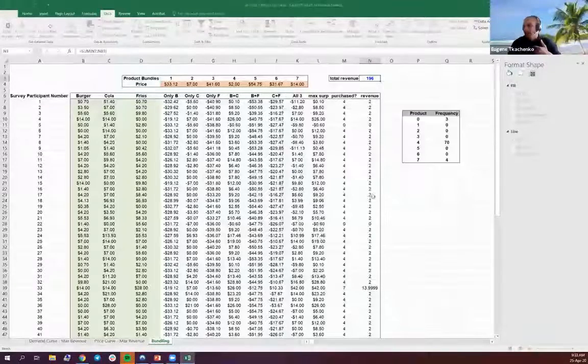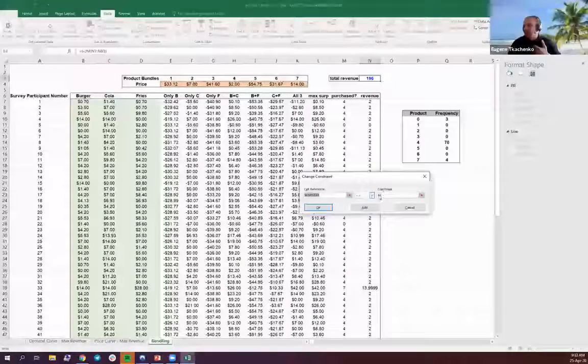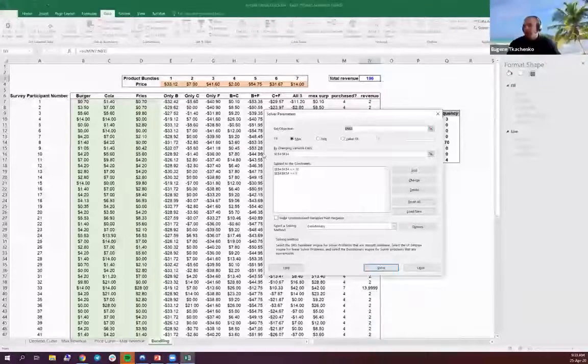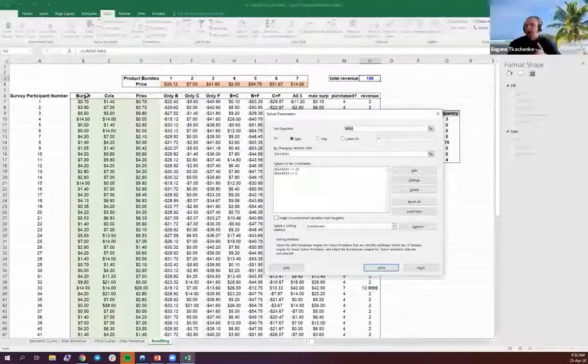So for example, I'm interested in all of these prices not being higher than, let's say, $20. You can also set them separately. So set something like, okay, the price for the burger and cola combo won't be higher than the sum of these two products. There are tons of different options you can play around with.